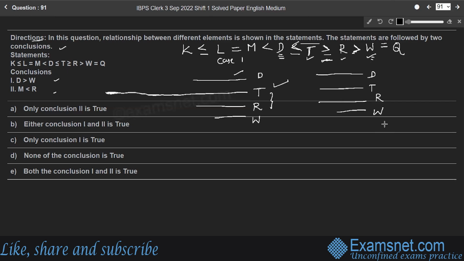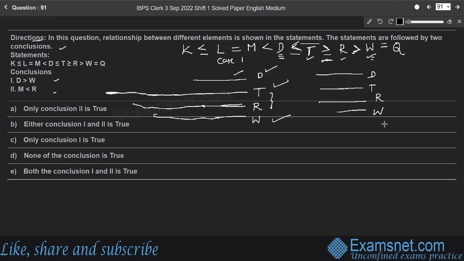Therefore, D greater than W. If T is greater than R, you can extend the line R also, and you can even extend the line W also. So D cannot be greater than W in this case.